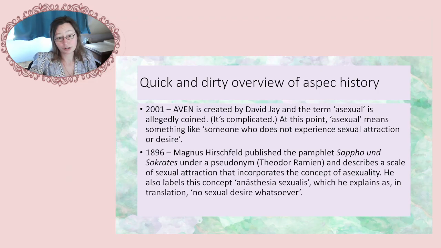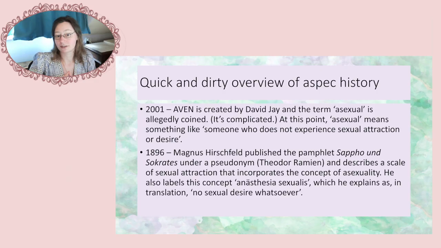But this is important because way back in 1896, Magnus Hirschfeld, yes, that Hirschfeld, published a pamphlet called Sappho and Socrates, and he did that under a pseudonym. In this pamphlet, he describes a scale of sexual attraction that incorporates the concepts of this lack of attraction, so the concept of asexuality in general.